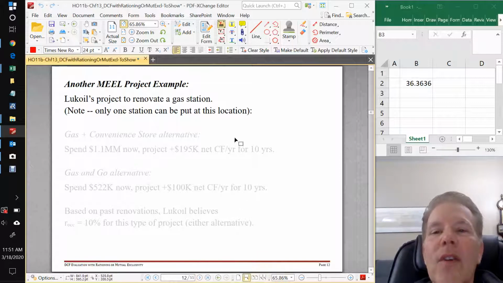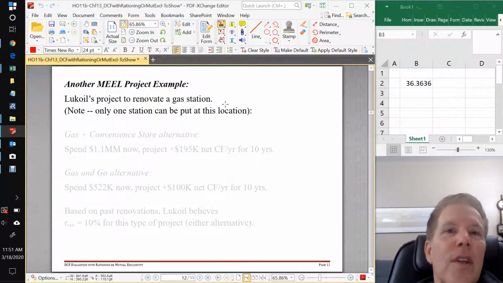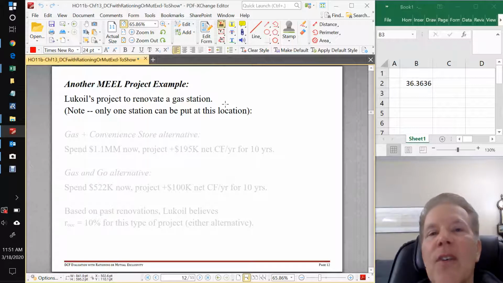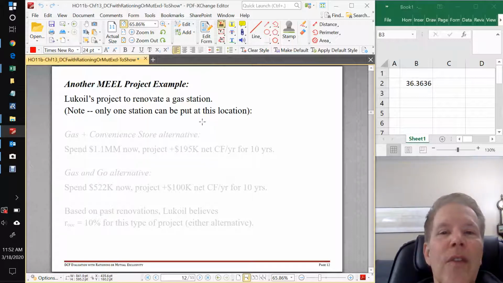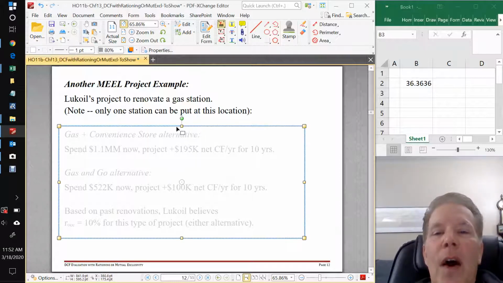All right, so let's look at another example here. Let's consider Lukoil. Lukoil has gas stations with convenience stores attached all over the country, mostly on the East Coast and West Coast now, but they're coming into the Midwest.